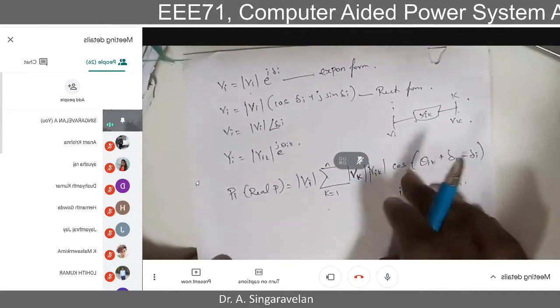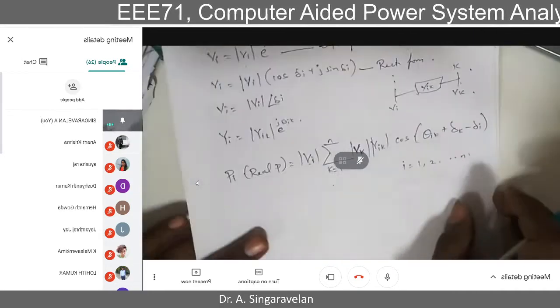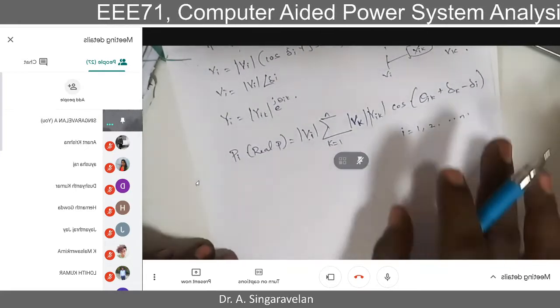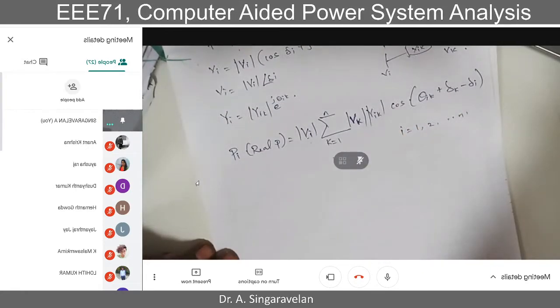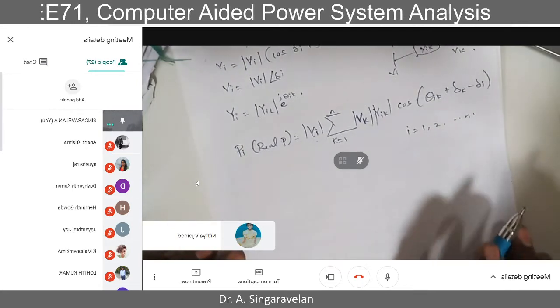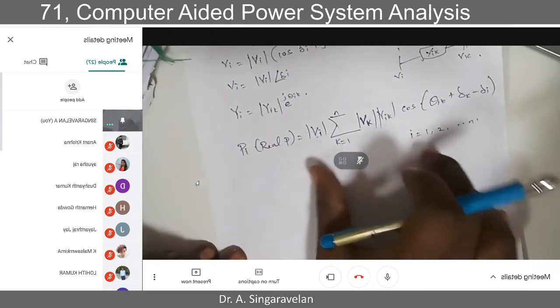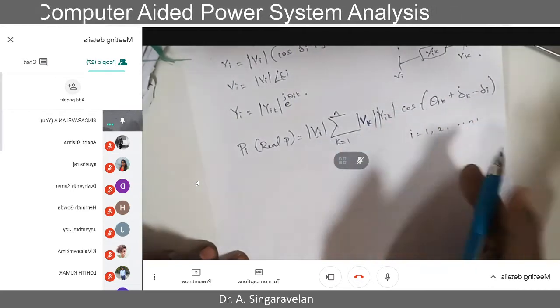While solving the problem, you will be able to understand this. For now, just write down these equations. Very, very important. You should not forget. Every electrical or power system engineer must have this equation by heart at all times.